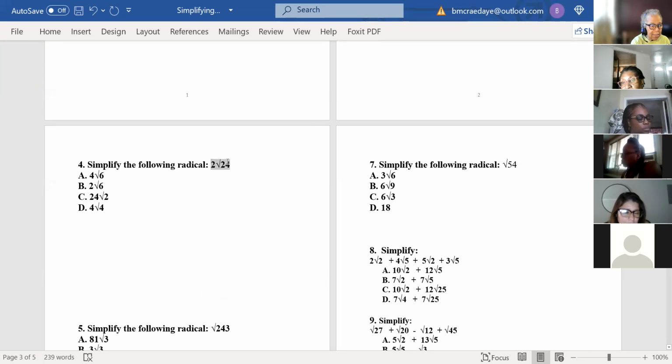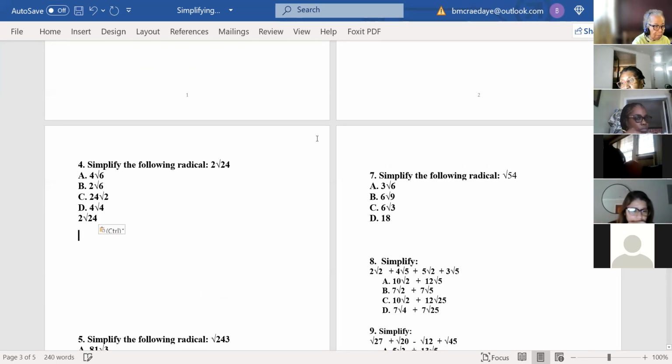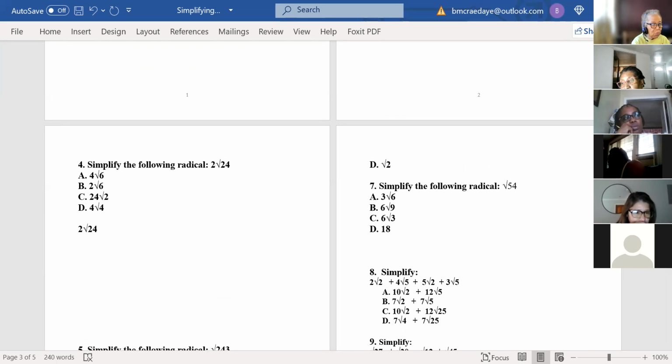So let's just take this and you tell me what are the factors of square root of 24. Alva, what are two numbers you can multiply and get 24? 2 and 12. Okay, let's put what you said.